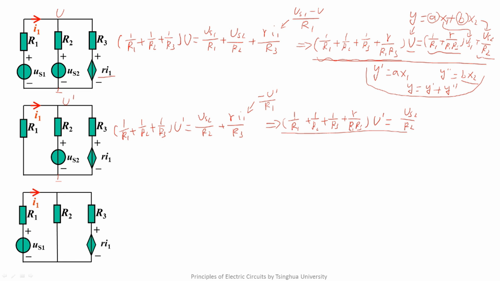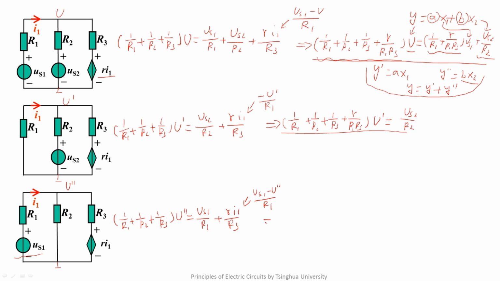Then we focus on another circuit in which US1 is active alone and US2 is deactivated. This is a reference node. This node voltage is U double prime. By applying the node voltage method, we get 1 over R1 plus 1 over R2 plus 1 over R3 times U double prime equals US1 over R1 plus R times I1 over R3. The I1 here is US1 minus U double prime over R1.